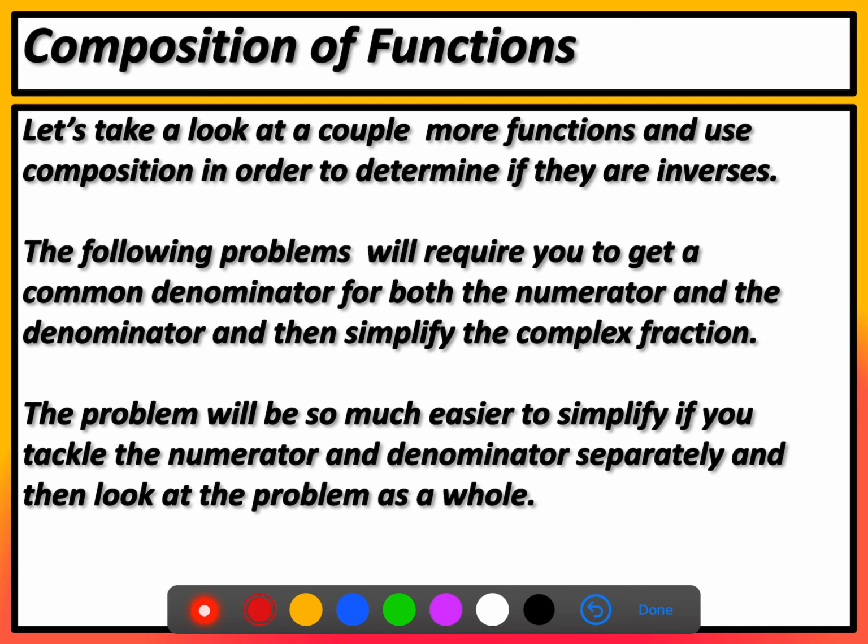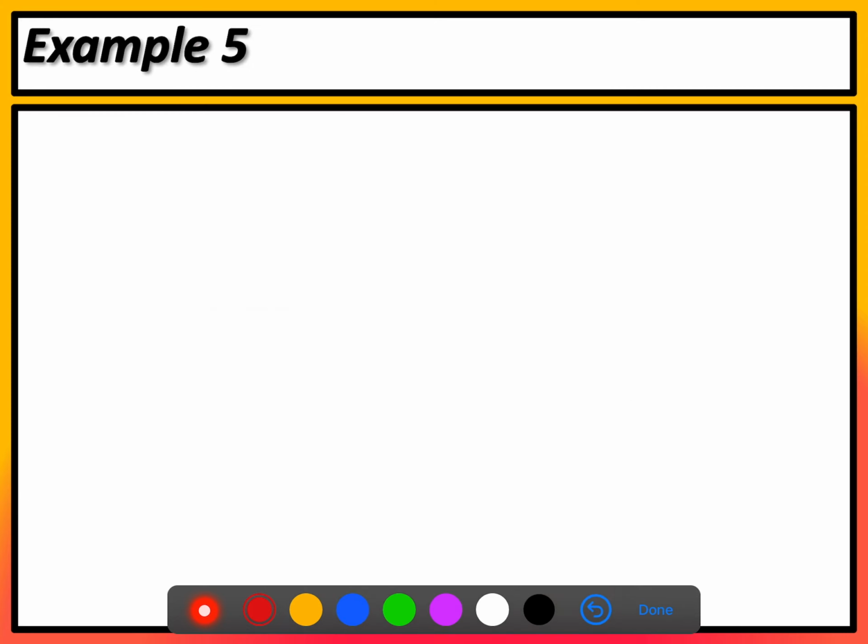The thing that we're going to do today is two rational functions. All right, so we're going to end up with complex fractions in our composition. Okay, so I just want to go through that with you so that we see how to handle it. Okay, so these are our two functions.